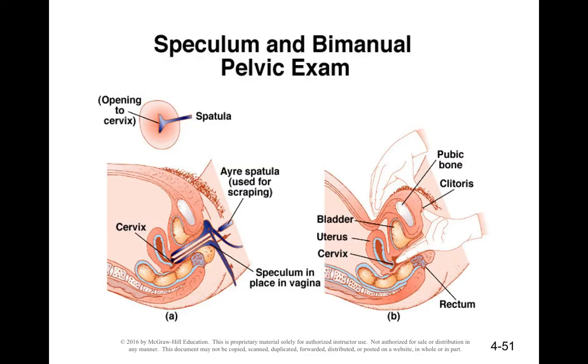So how do we test to see if we might have ovarian problems? Or how do we test for a Pap smear? Well, in figure A, you'll see that a speculum has been put in place into the vagina. This is a person with a vagina who's laying down on their back with their legs up, and the speculum is inserted into the vagina with lubrication.